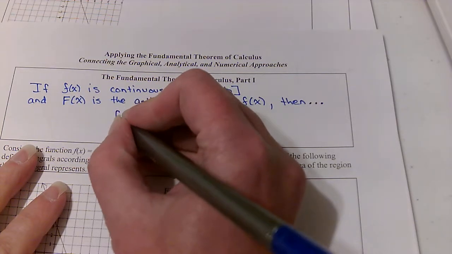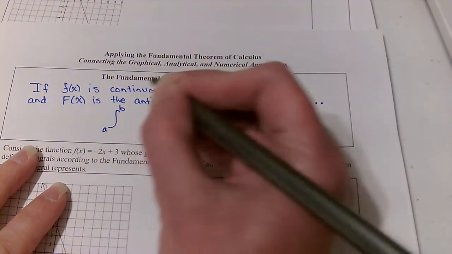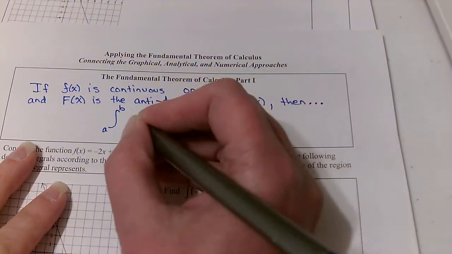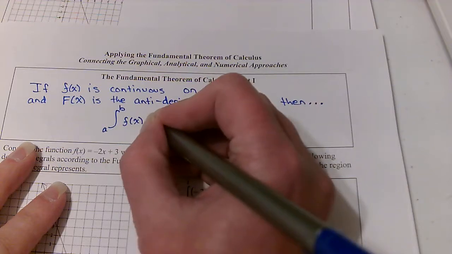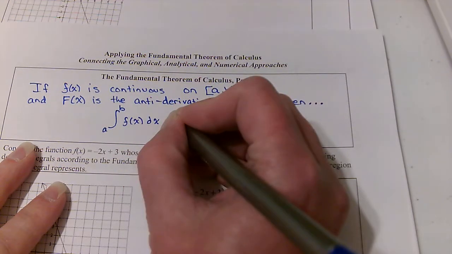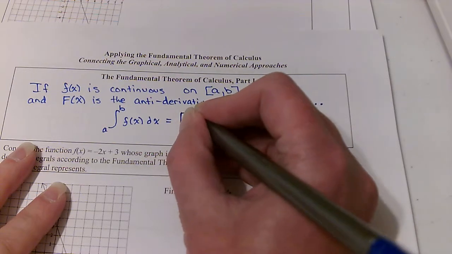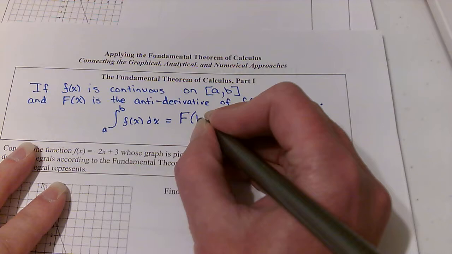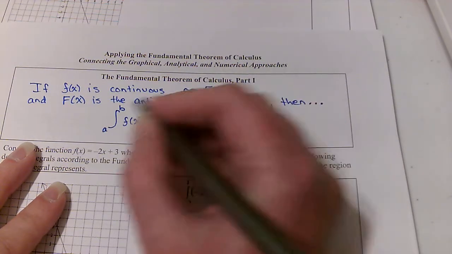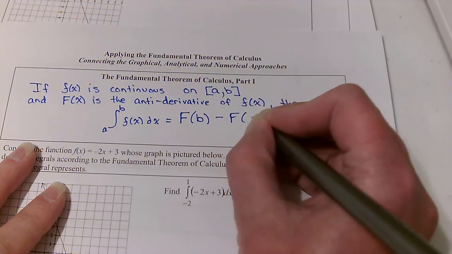if we evaluate the integral from a to b of f of x, we can find that by taking the antiderivative and plugging in the endpoint minus the other endpoint.